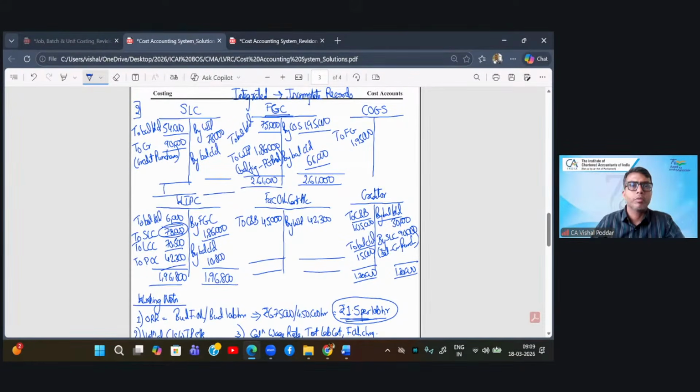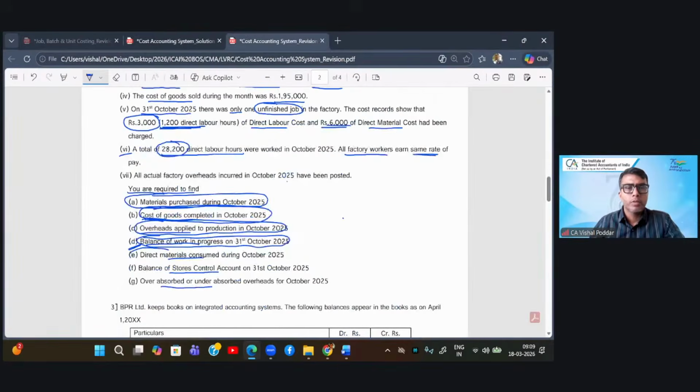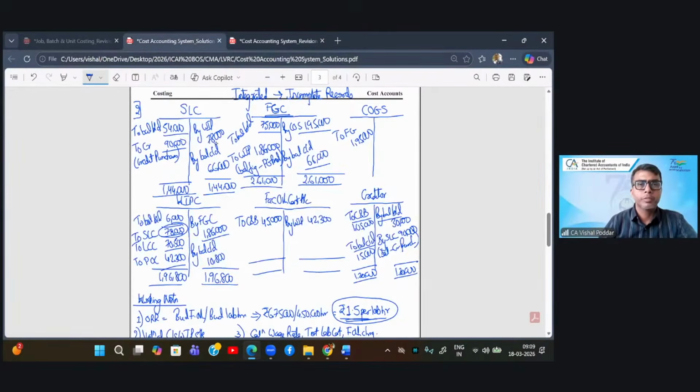So here the total is correct, and here it is 78. So this amount will come to 66,000. Correct, students? So material consumed is calculated, and also the balance of stores ledger, both are done. Correct? So this balance is done.